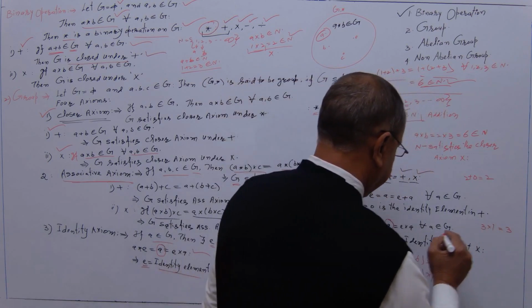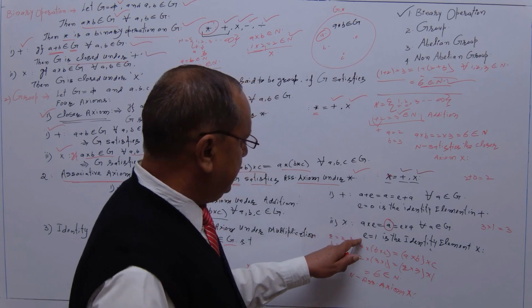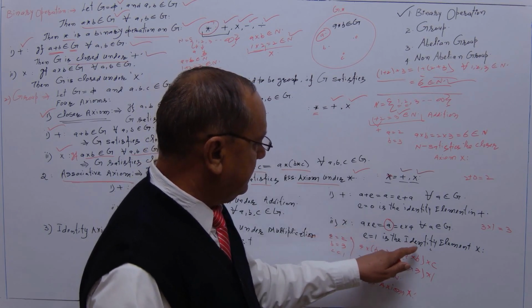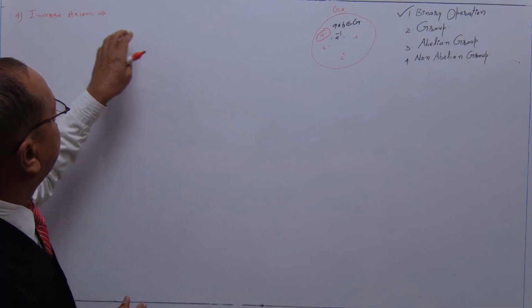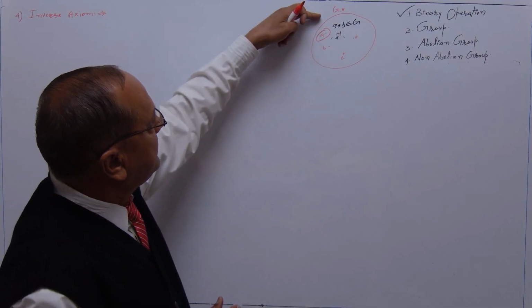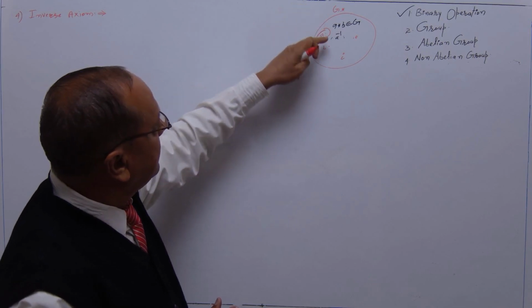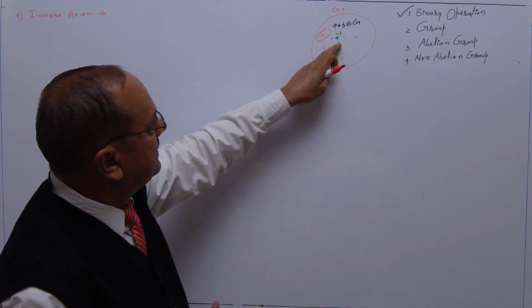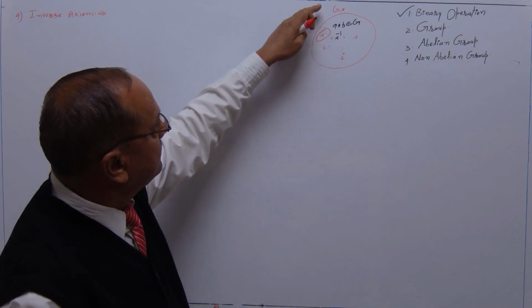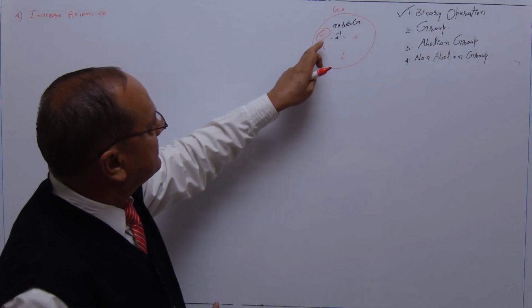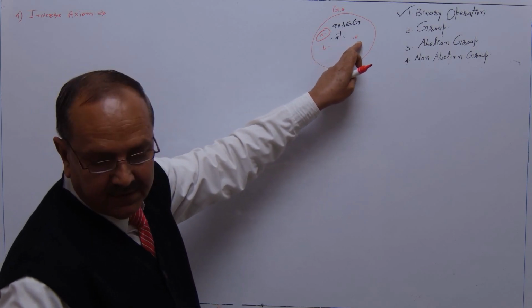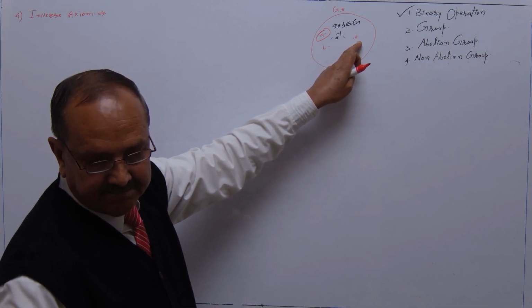That is 1. So it means in the case of multiplication, e equal to 1 is the identity element. Now the fourth axiom: if a is an element of G, then there exists an element a inverse also belonging to set G such that a into a inverse is equal to identity element e.